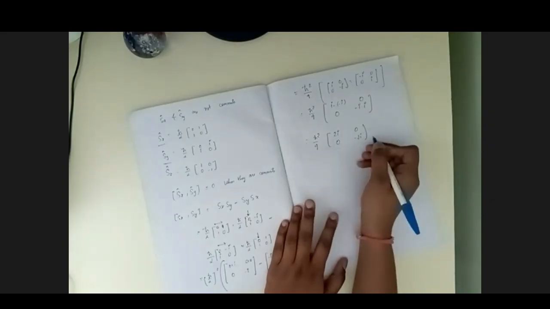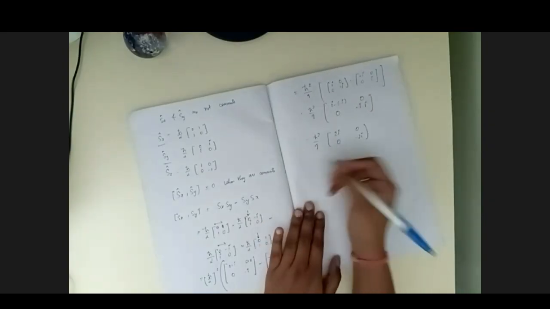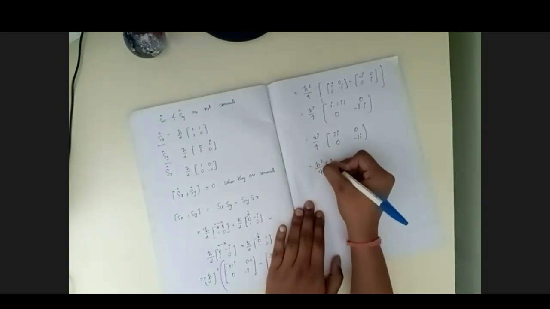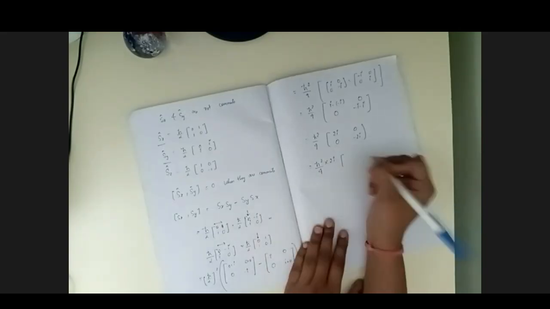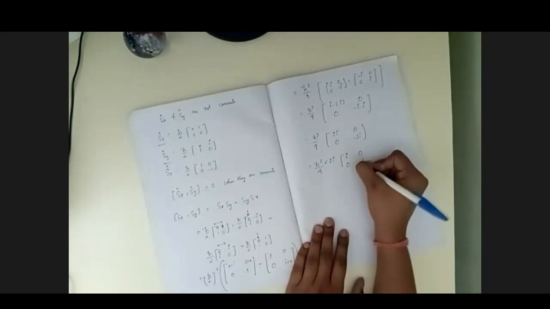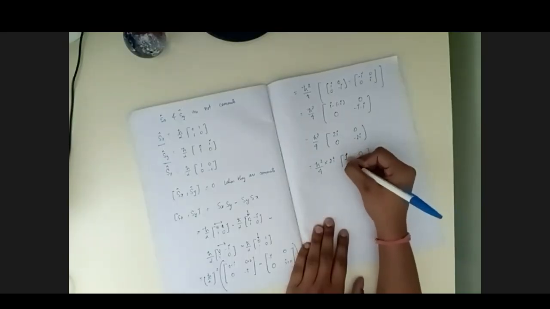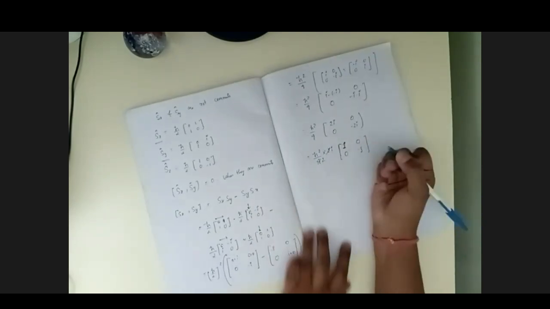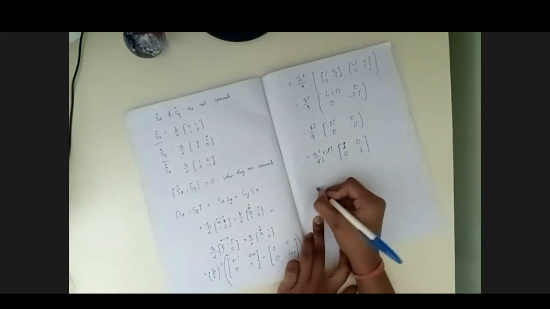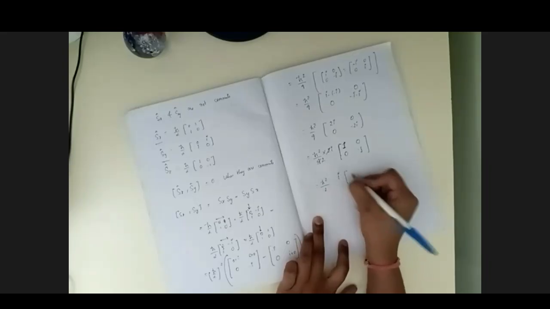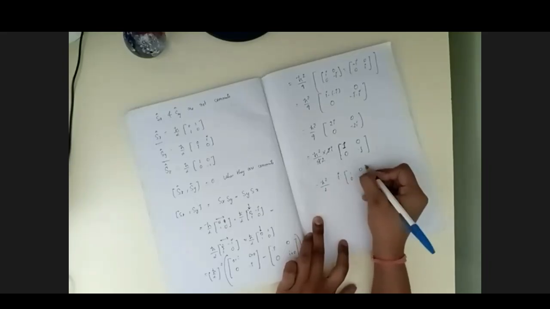Now we will take 2 and iota common. So it would be h cross by 4 into 2 iota, which we have taken common. It would be iota 0, 0 and minus 1, that is 1, 0, 0, minus 1, as iota we have taken common. So we will divide, it would be h cross by 2 now. And h cross by 2 into iota 1, 0, 0, minus 1.